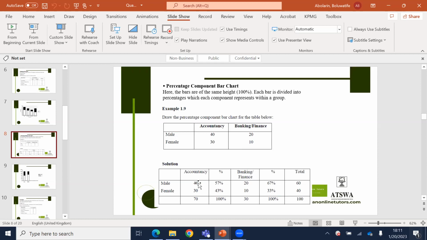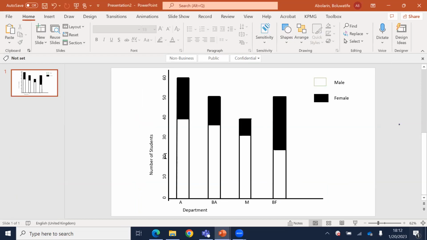If we pick accountancy first, we have 40 and 30, which gives us a total of 70. And don't forget, please, we are using percentage. So mainly what we are going to use to draw the graph is this percentage column. For this one too, it is this percentage column I'm going to use. Please don't forget.